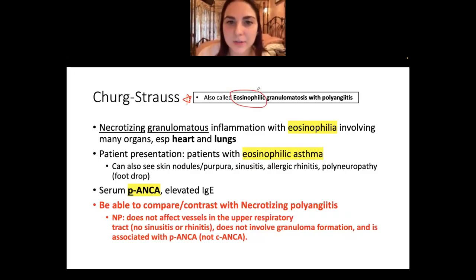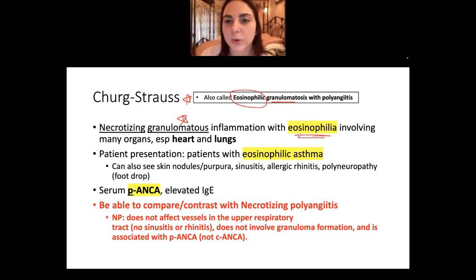But at least that tells you that there's eosinophils in it, and that's your main difference between this one and your microscopic polyangiitis. But this has granulomas. Great, it's in the name. So it sounds a little like Wegener's, right? We have granulomatous inflammation. Churg-Strauss, though, has tons of eosinophils.